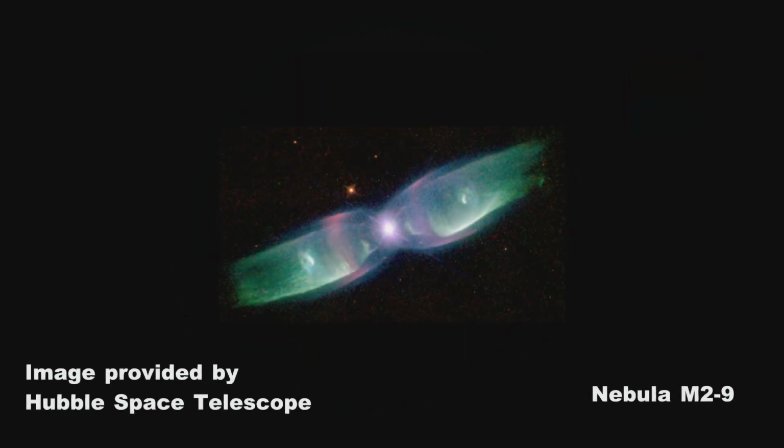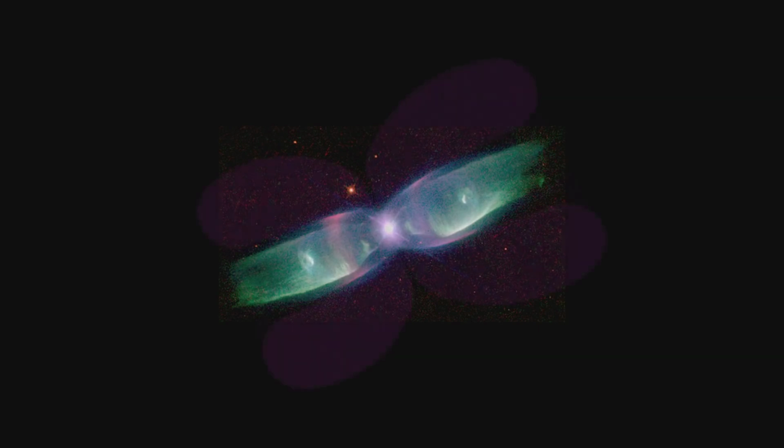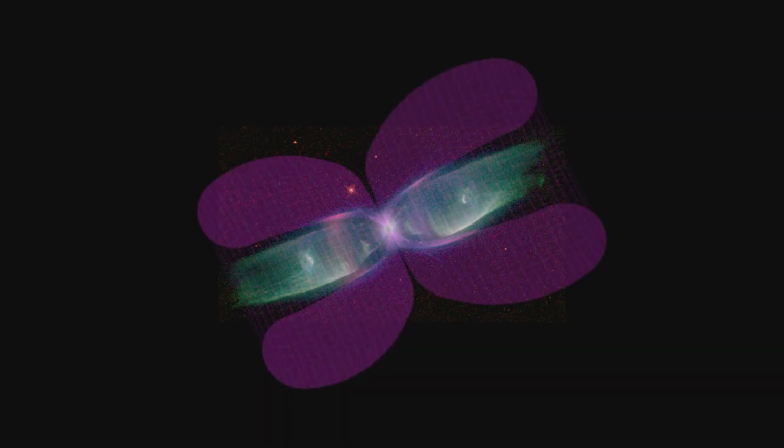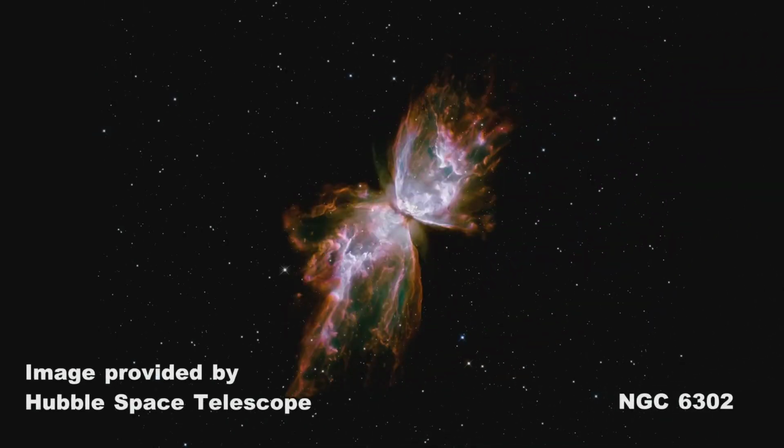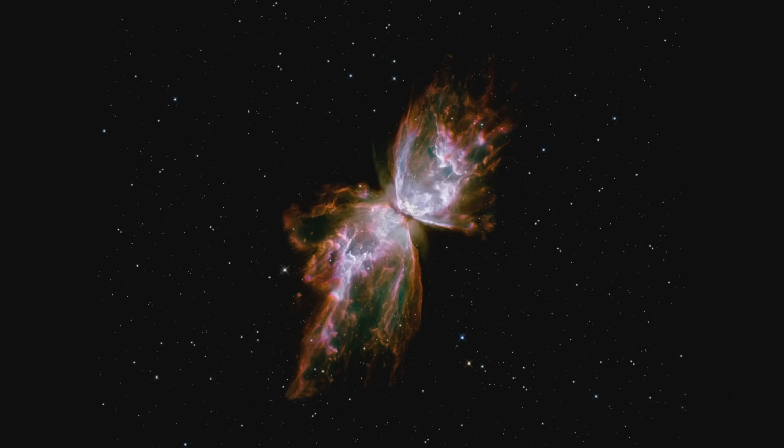Notice the bubbles inside of the nebula referred to as M29. So now that you know the patterns to look for, you will see that there are many confirmations of the primer fields theories found throughout the universe.